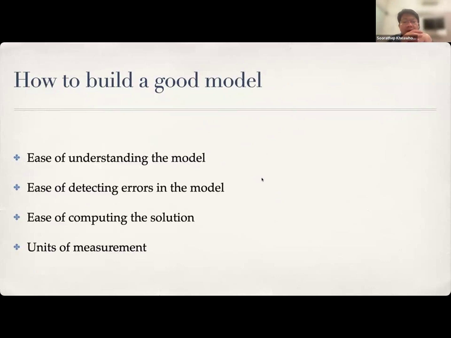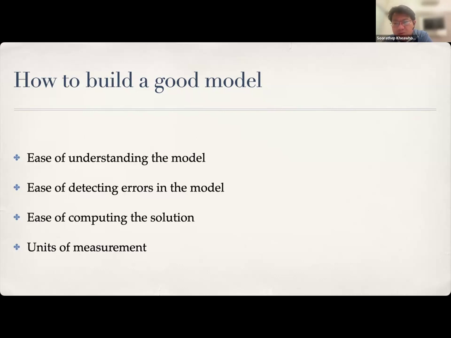So the next one, how to build a good model. If we want to build a good model, the first thing we have to consider is ease of understanding the model. You model in a way that it's very easy to understand. You read it again, you understand.